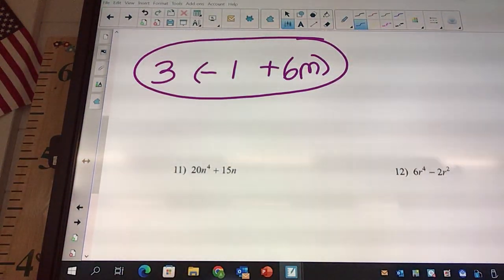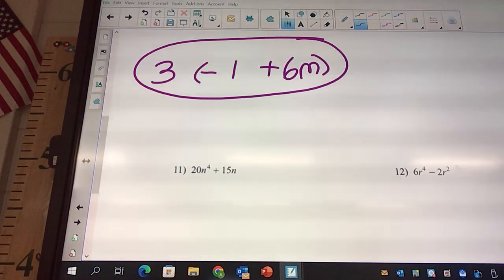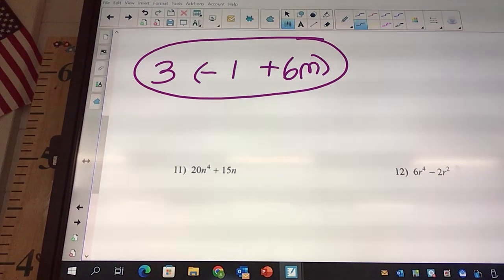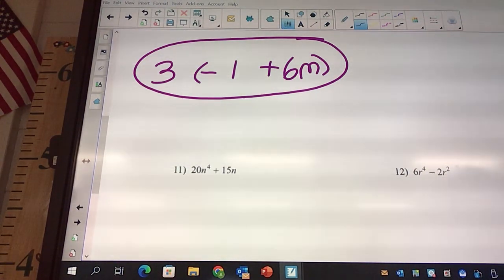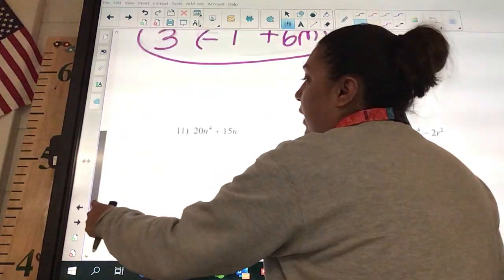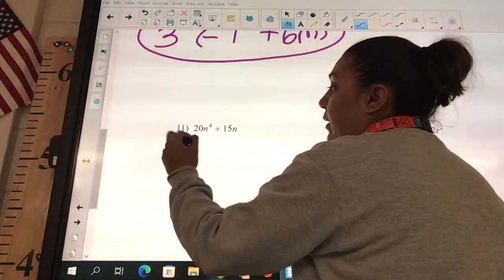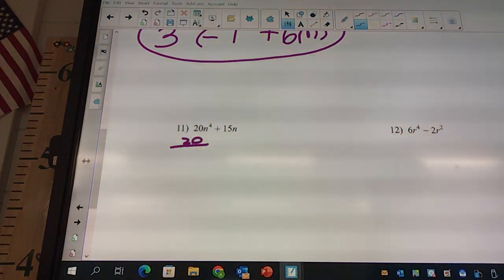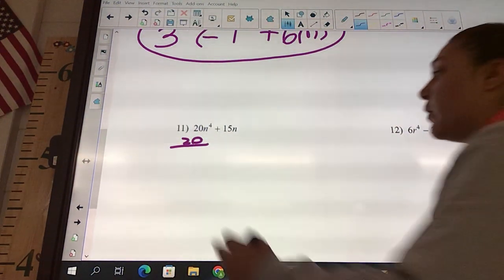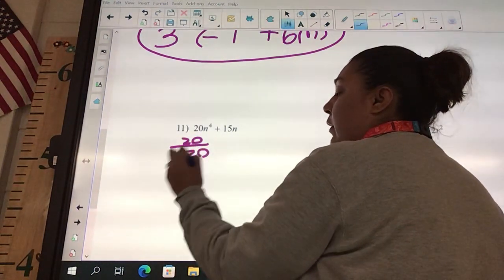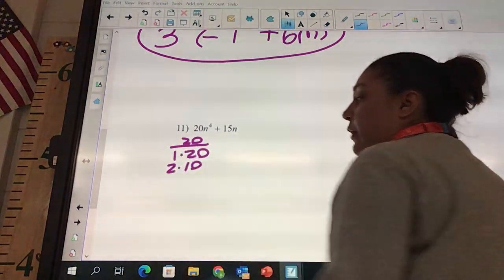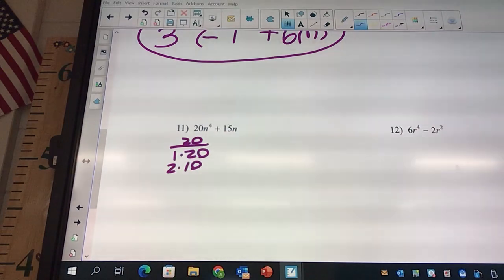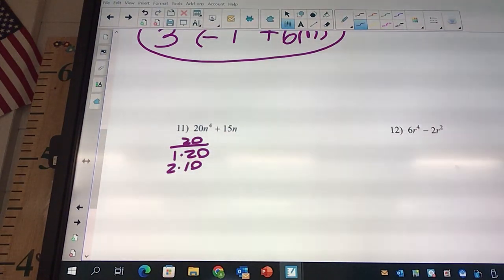Okay, 11. My number to pull cannot be any bigger than what? 15. And I think maybe for you guys, since we've been doing this all week, this method might be easier. 20, what's your first one going to be? 1 and 20, always. Does 2 go in? 2 and 10. Does 3 go in? 4. 4 and 5.